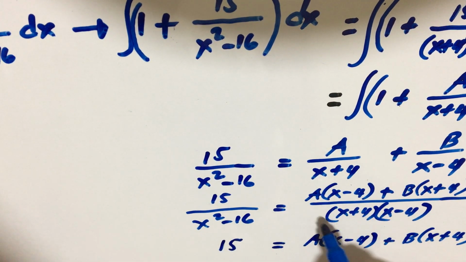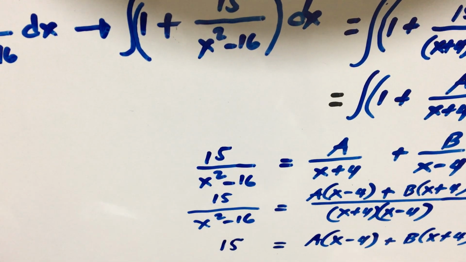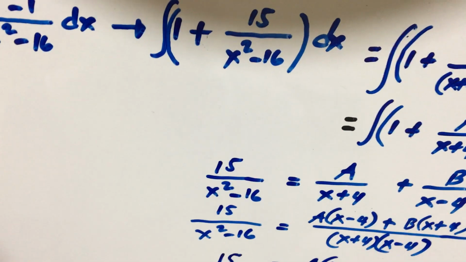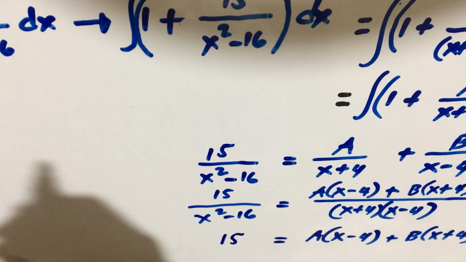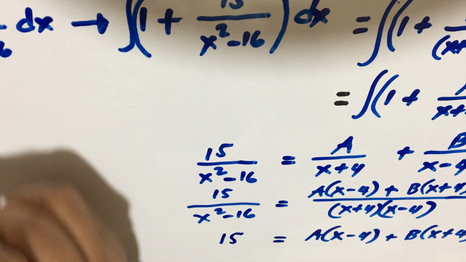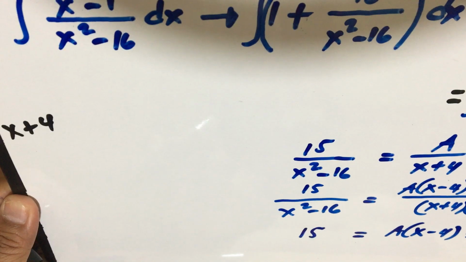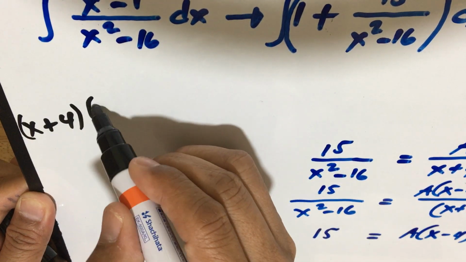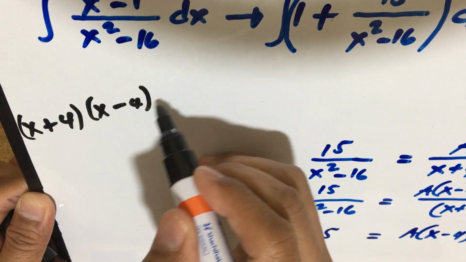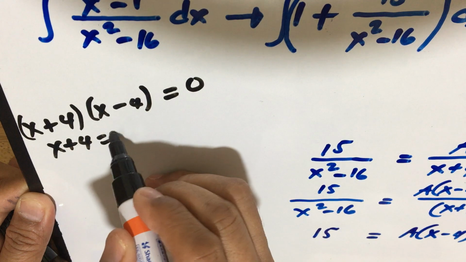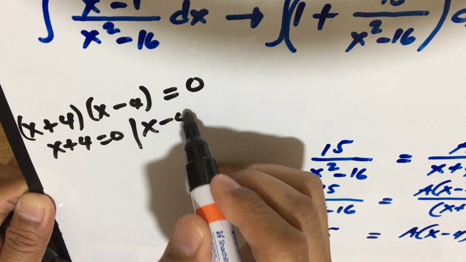So equating x plus 4 times x minus 4 equal to 0, we have x plus 4 equal to 0, x minus 4 equal to 0.